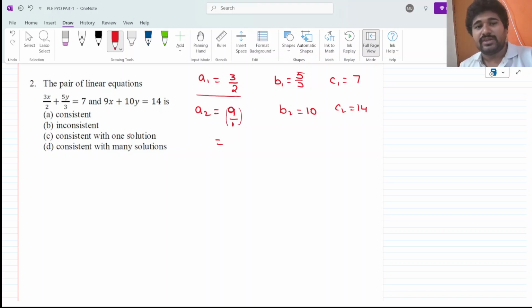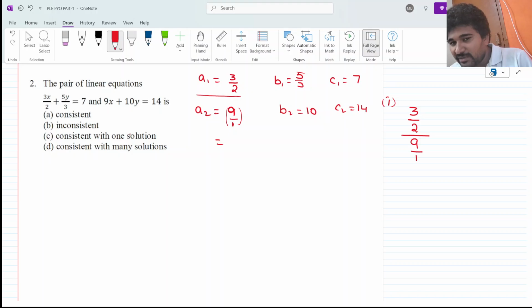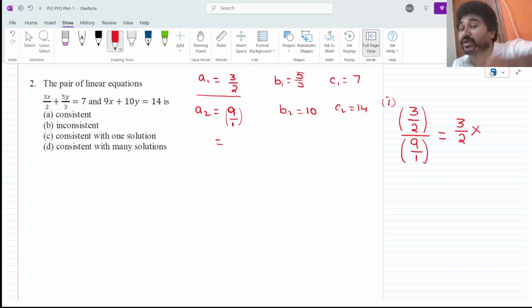Okay. So observe this calculation, I will show you. In future I will not repeat. Now you try to remember. 3 by 2 divided by 9 you are having, right? One way of doing is to take this 9 as 9 by 1. Then there is a fraction on top and a fraction at the bottom. So we can write it as 3 by 2 as it is, into the reciprocal of 9 by 1, that is 1 by 9, you have to multiply.